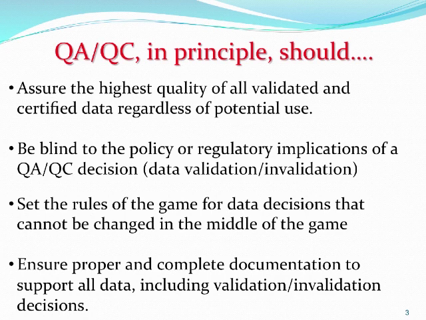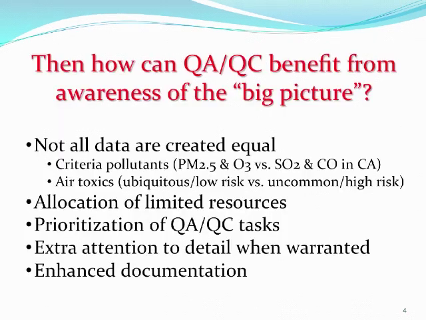Obviously you don't want to be biased. A lot of QA is about setting the rules of the game before you play the game, and then you don't deviate from those rules just because there's a big implication to a decision. And then again, ensure proper, complete documentation to support all data decisions. These are all very important things that should not be compromised.